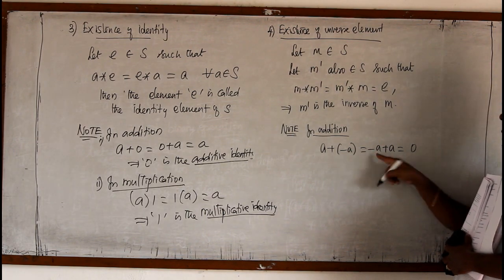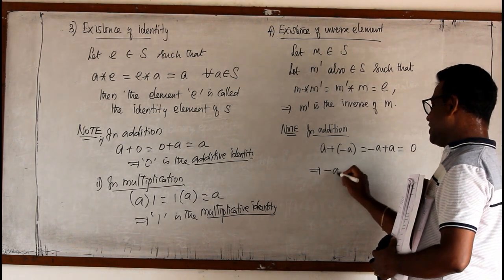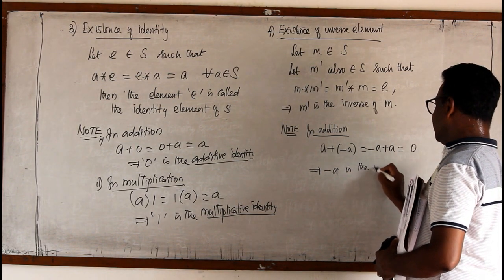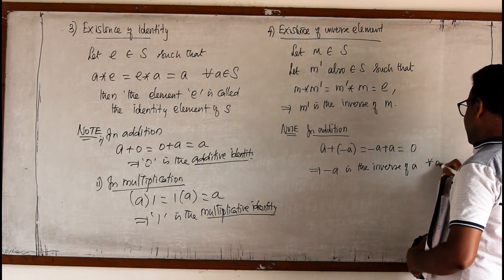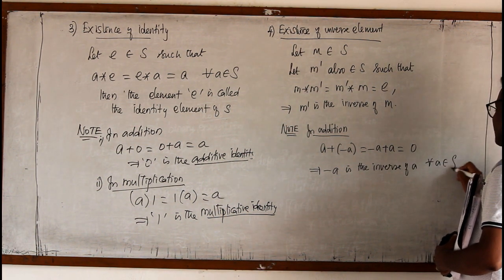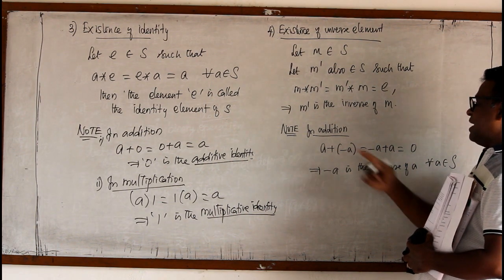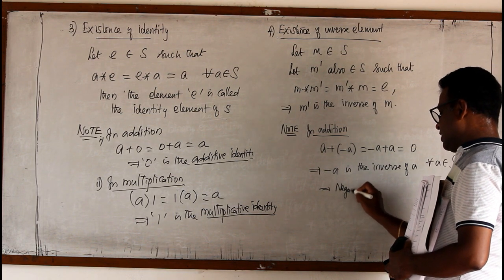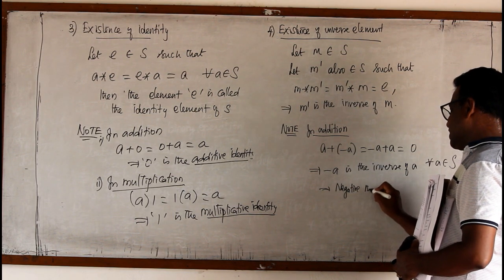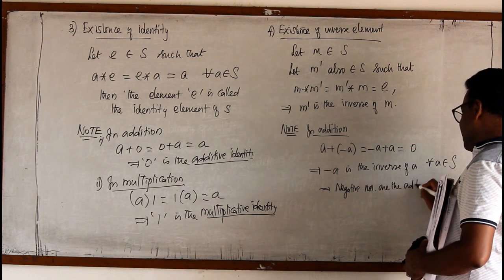So, minus A is the inverse of A, for every A belonging to the set S. Therefore, all the negative numbers are called additive inverses.